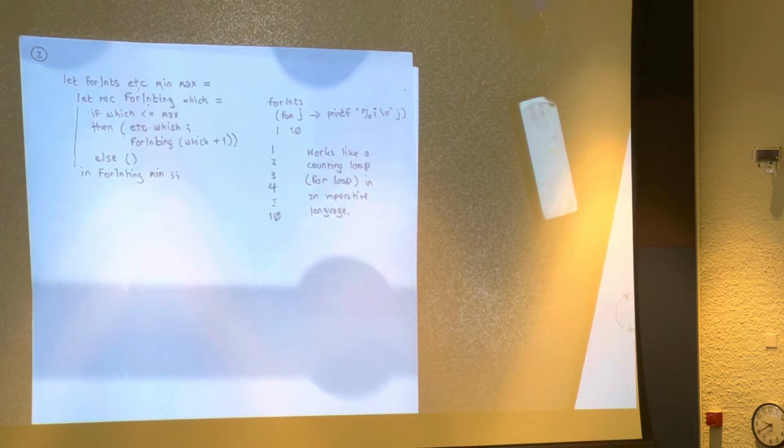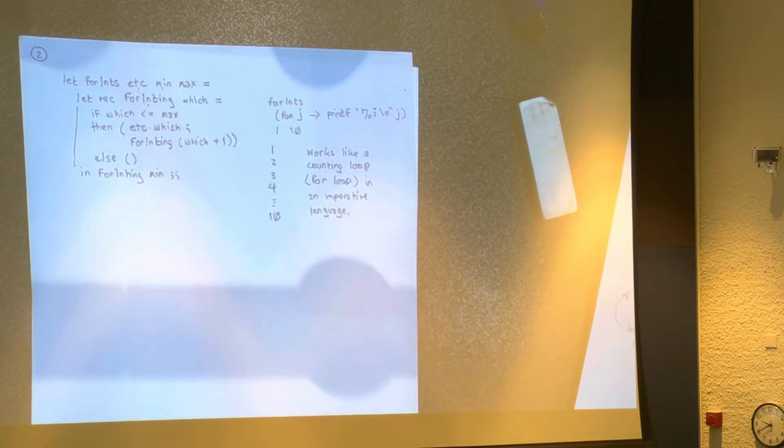Yes, go ahead. I have some questions. So which is a function and max, right? Which is a parameter name. So up here I'm saying let rec for_ints which. So which is the name of for_ints's parameter. The continuation is a function. So I'm calling it with whatever the current value of which is.